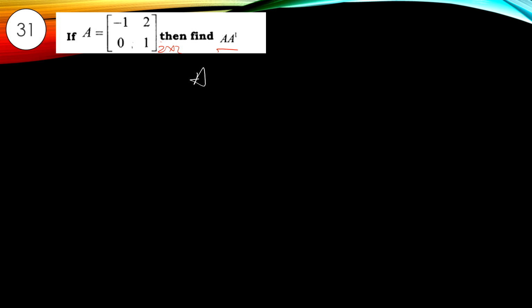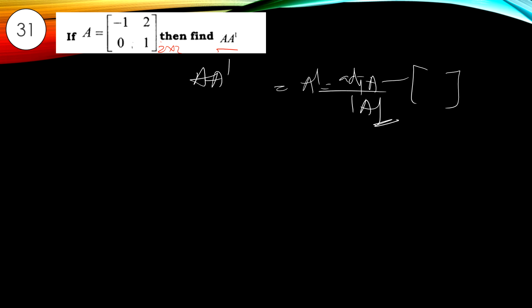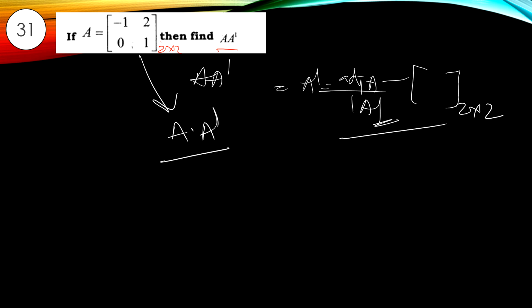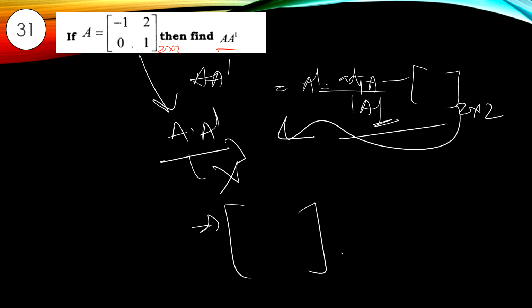We already know we will get A inverse by calculating adjoint A by det A. Just calculate the adjoint of A, and divide by the determinant of A. Then you will get A inverse with the order of 2 by 2, and just calculate the product A into A inverse. Take this A matrix and this resultant matrix and perform the product with these two matrices, and then you will get the resultant matrix. Okay, so next question.